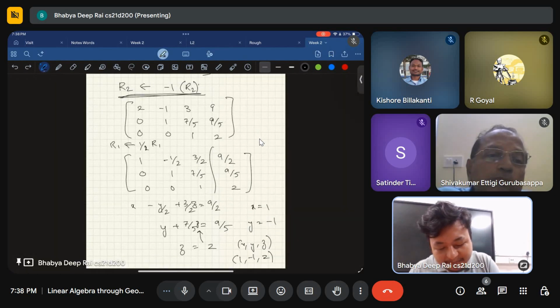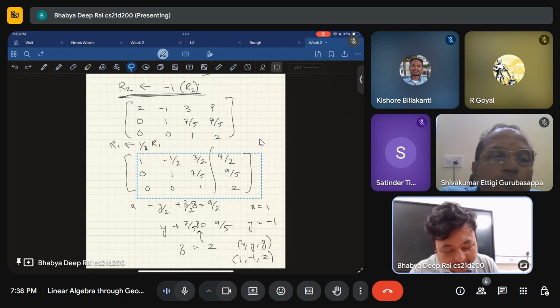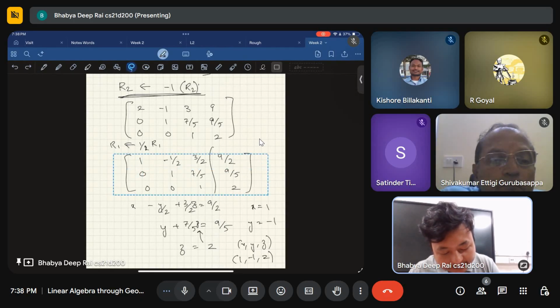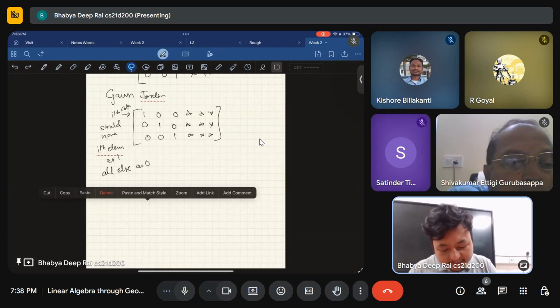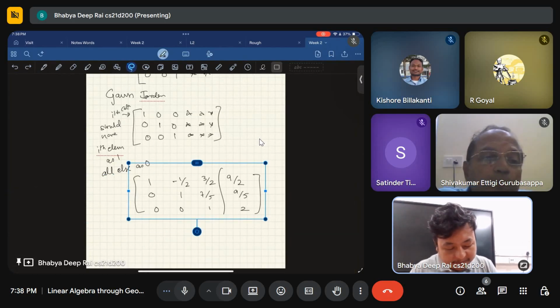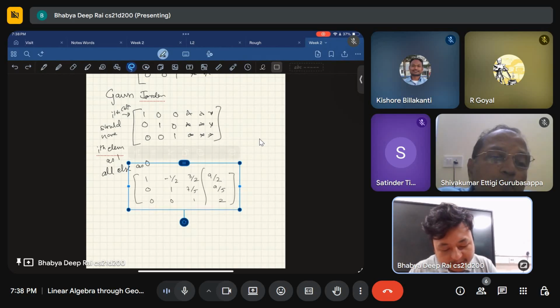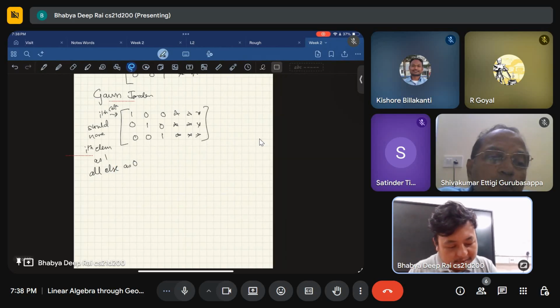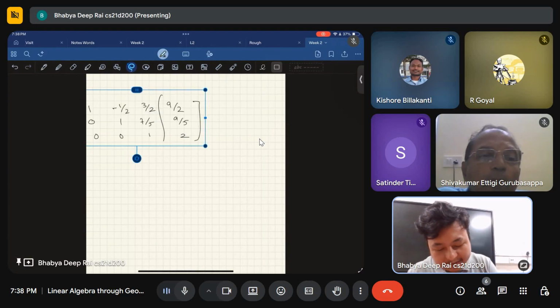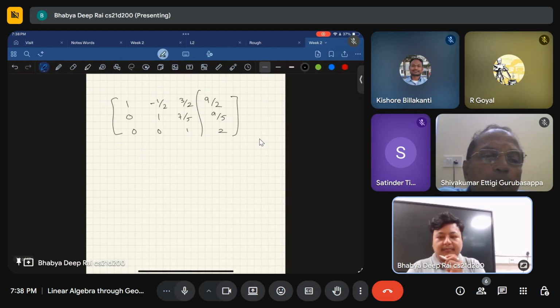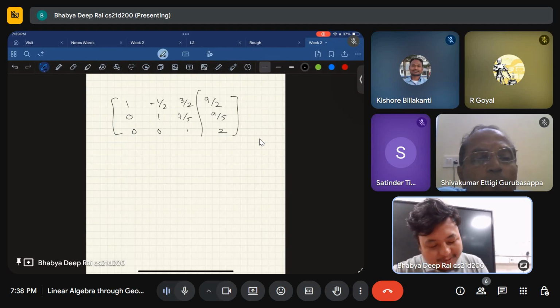Let's not stop at the point where we stopped for Gaussian elimination. Let's continue here where we left off, on a new page. How do we eliminate the other rows?